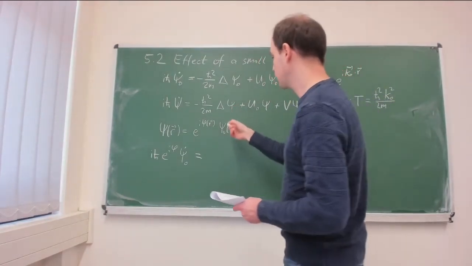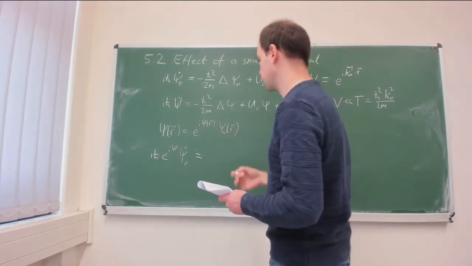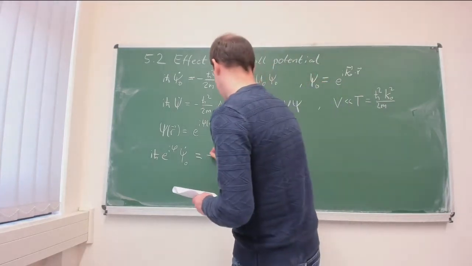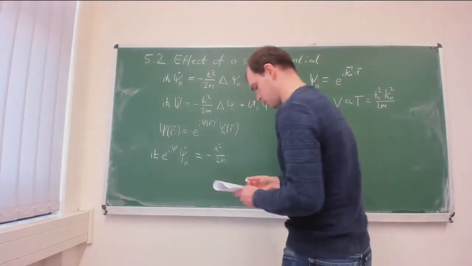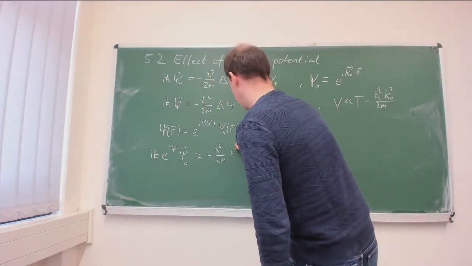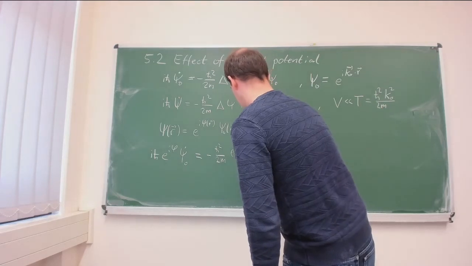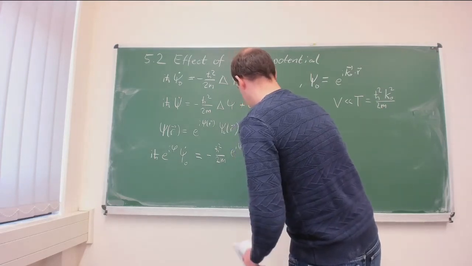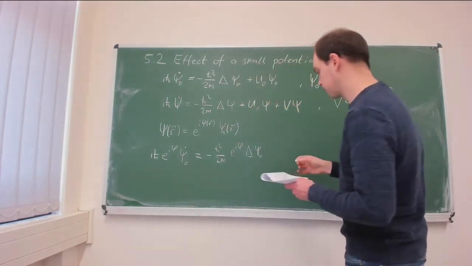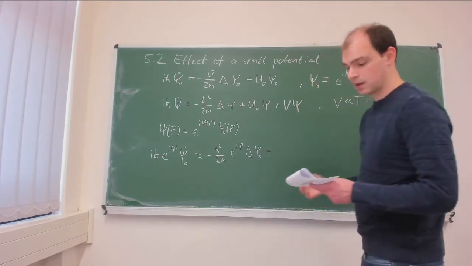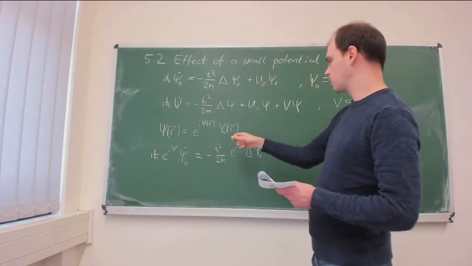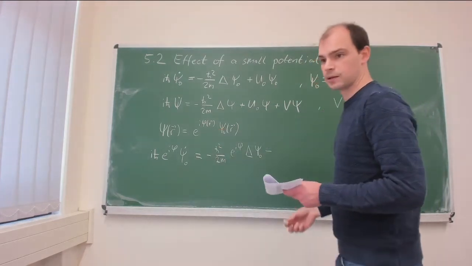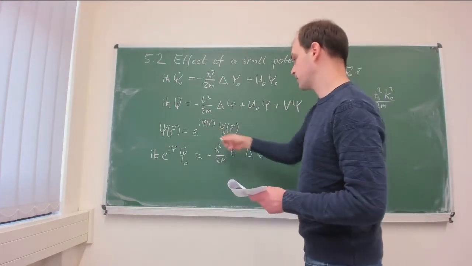There's first the one where both derivatives act on ψ0, so this gives us minus ħ² divided by 2m e^(iφ) Laplace of ψ0. Then we get two terms that are mixed, where one derivative is acting on e^(iφ) and the other on ψ0.